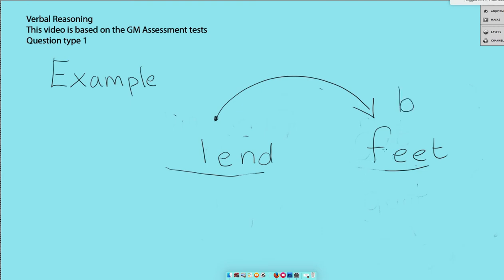Befeet, fabet, febet? I don't think so. So we're going to have to go back and try again. What about the N? Fenet? Fnet? No. What about the L?